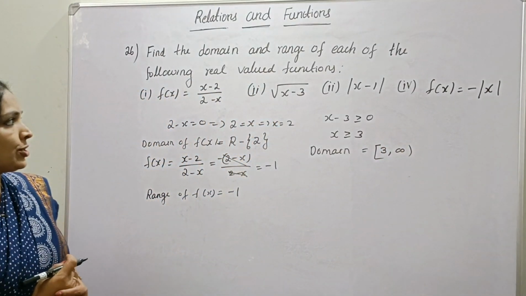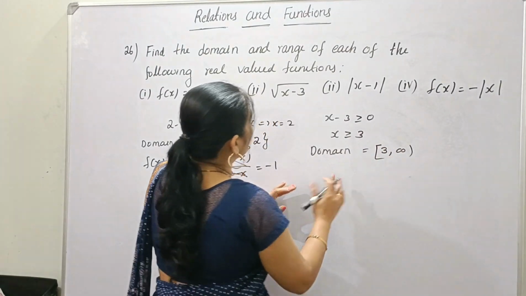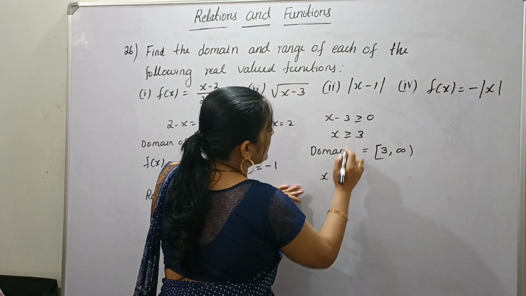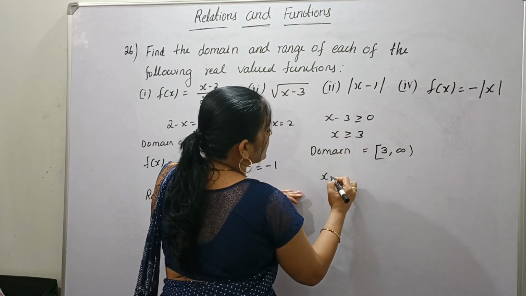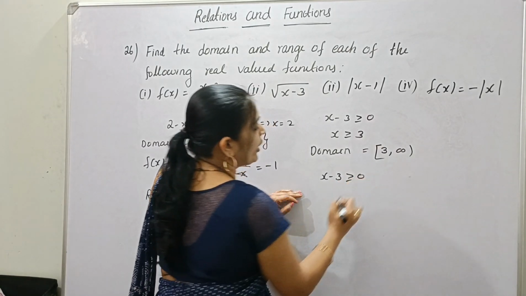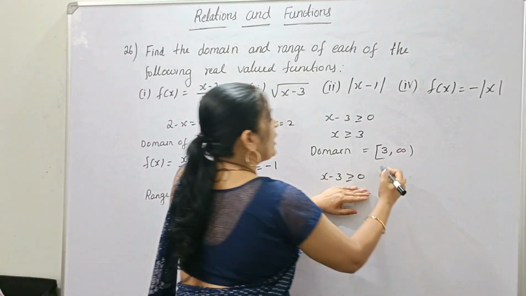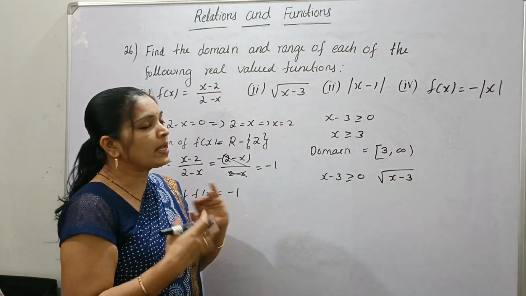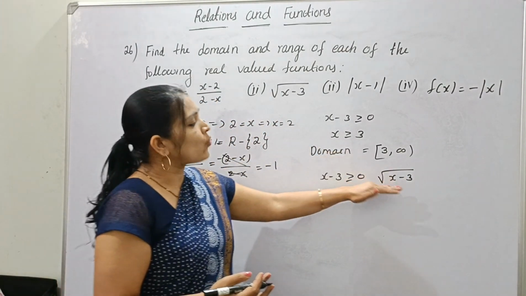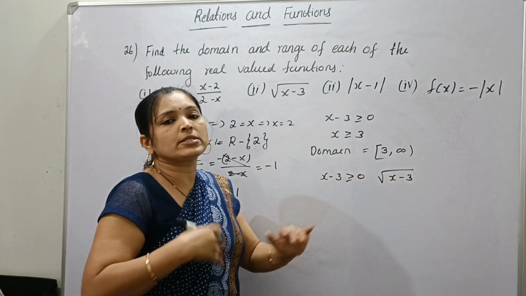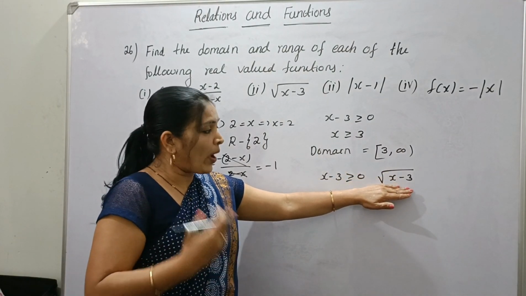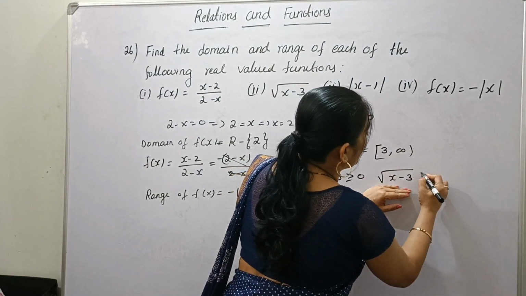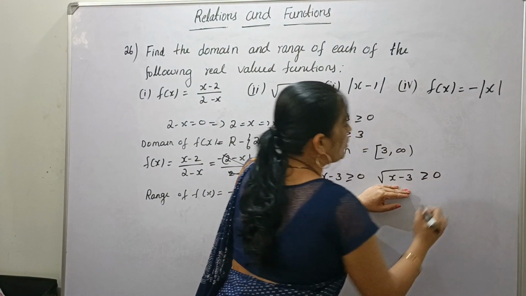So what is the range? We know that x greater than or equal to 3, that means x minus 3 greater than or equal to 0. So what about the square root of x minus 3? If x minus 3 is greater than or equal to 0, its square root will also be greater than or equal to 0.